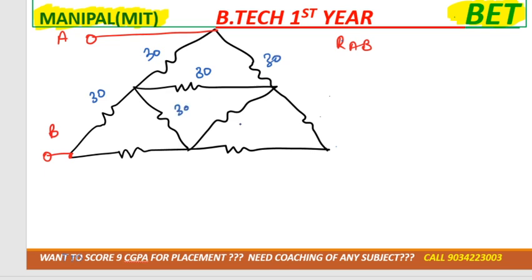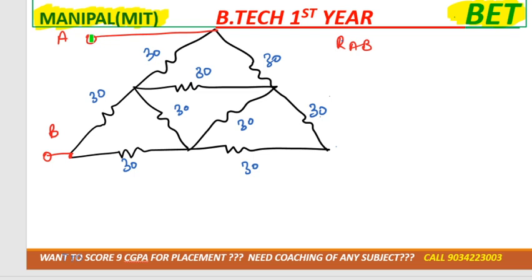All the values are the same. Okay? Whenever you will not be able to solve through series and parallel, then in that case you need to apply star and delta.